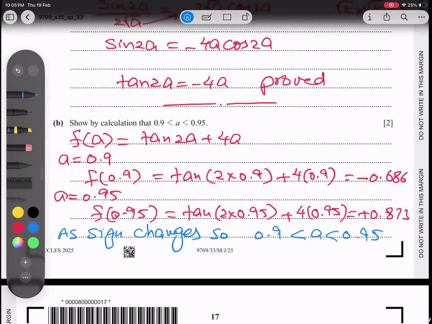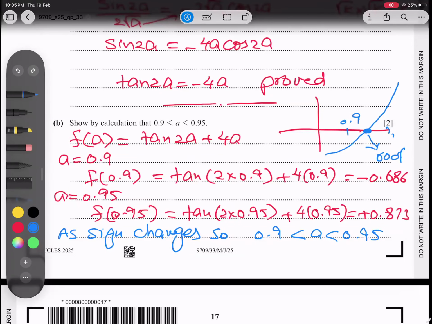Okay, I think that's clear, and I have given this explanation many times. For example, one value is negative, 0.9 is negative. Okay, I can show some example. So this is a curve equation and this is a root. This is 0.9 and this is 0.95.